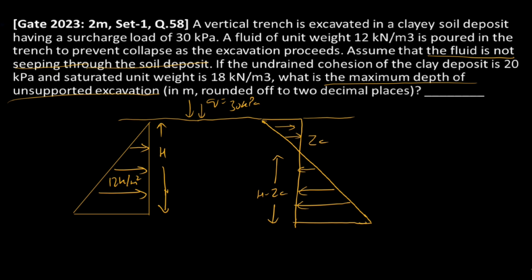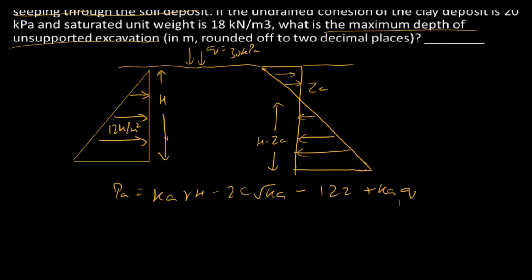Now the active earth pressure at depth Z, which means active earth pressure at the bottom, PA will be equal to Ka gamma H minus 2C root Ka minus 12Z plus Ka Q. So due to surcharge, it will be Ka into gamma H plus Q minus 2C root Ka.